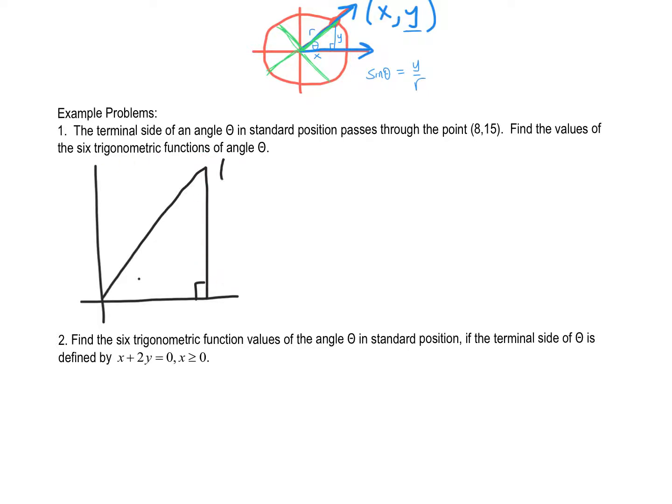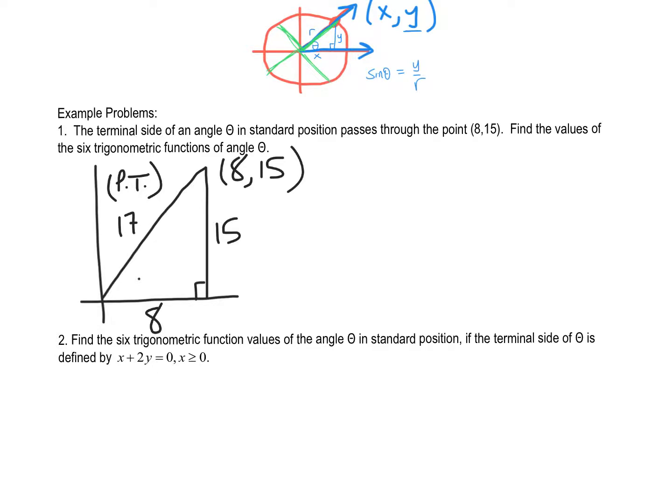If this point is (8, 15), then doesn't that mean I went right 8 and up 15? So I now know 2 out of the 3 sides of my triangle, and you can use the Pythagorean theorem to figure out that this side is 17. Okay, so now I have all three sides of my triangle labeled.